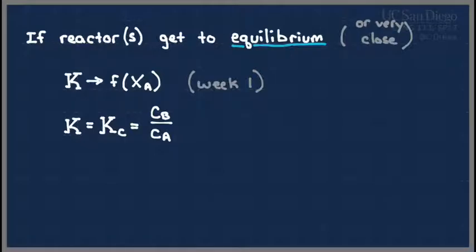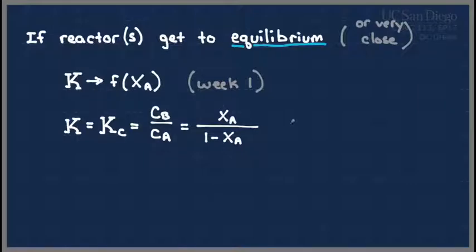Just A goes back and forth to B, right? No exponents or anything like that. Along the way, we probably, in maybe one of the homeworks, would have written this as Xa over 1 minus Xa, if the feed was like pure A. Something like that, we could end up getting an example that looks like this.